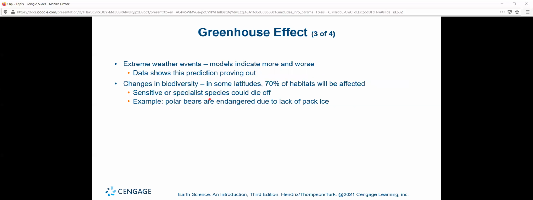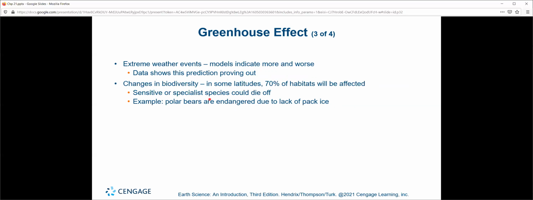The Earth is not very good at quickly adjusting to these temperature changes. Extreme weather events, as said before, modeling essentially told us things would start to suck more, we'd get more hurricanes, and lo and behold, in 2020, we have, I think, the most hurricanes on record already, right? This stuff was predicted in the 80s. Heck, this stuff was predicted in the 50s.